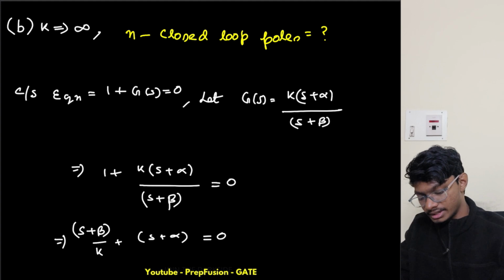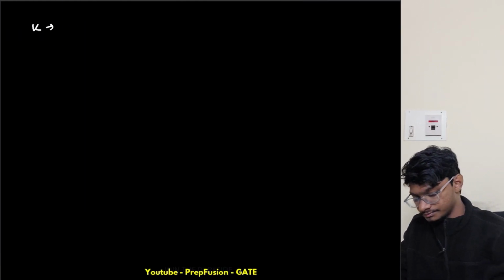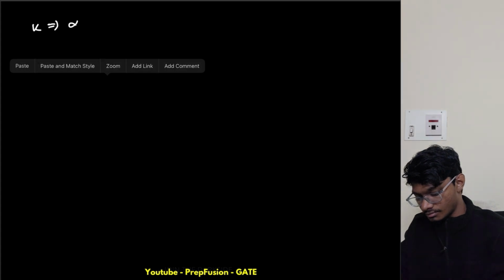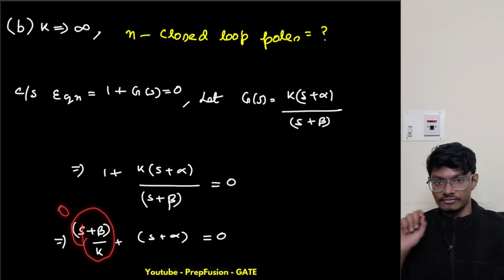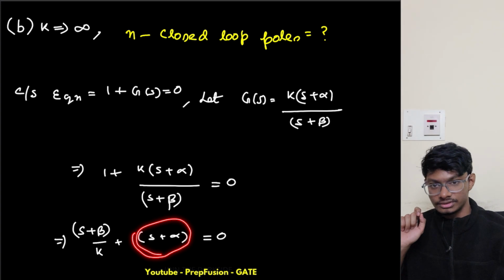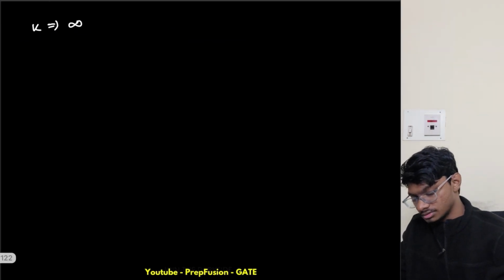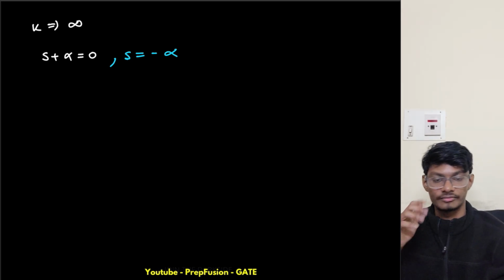Now if my k tends to infinity, what will happen? Basically this one will go to 0. So I am only left with this one. So now my equation becomes s plus alpha equals 0, so my s equals minus alpha, basically.